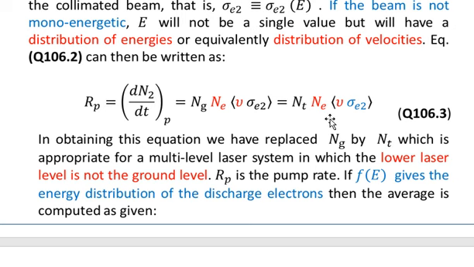Here our ground level is the Ng level, but we are also assuming that our ground level is not a single level, but is composed of many sub-levels coupled together. The population of all the levels in that ground state will be equal to Nt, where Nt is the total population present in all the sub-levels of the ground state.